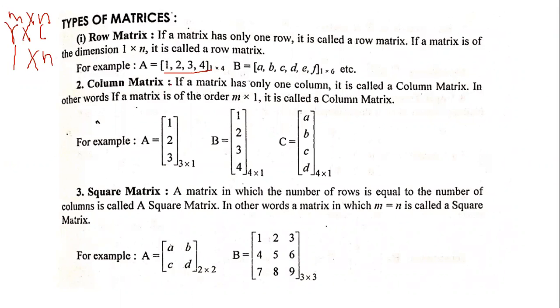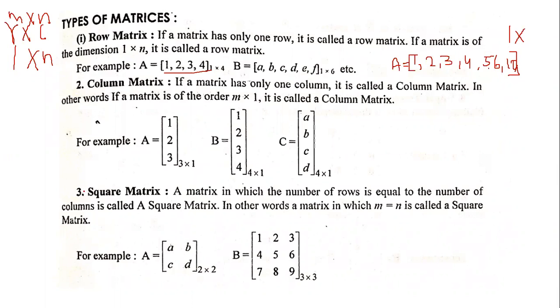So if you see the example here, the matrix A has only one row. What are the elements of the matrix? 1, 2, 3, 4 is given. You can add anything more, 5, 6, 10, anything you can add upon that. So let's say this is a row matrix. Now in this row matrix, I have only one row, but how many columns do I have?